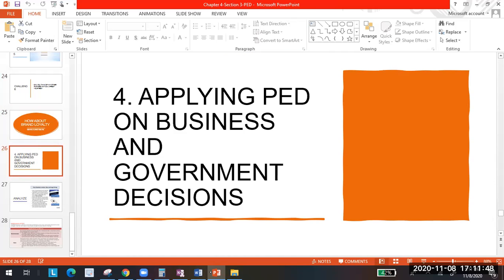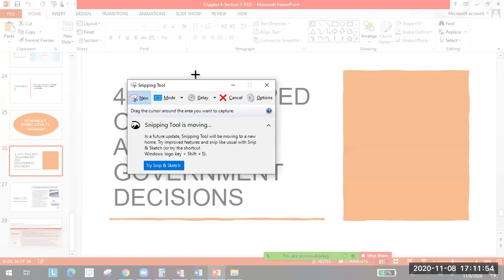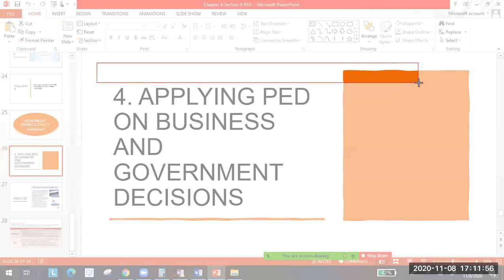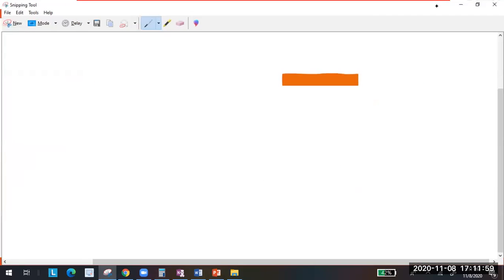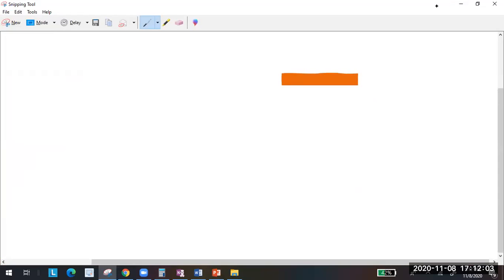So, applying PED on business and the government. Do you have any idea about what is tax? What is the meaning of tax? The amount that would be spent, hypothetically. No, actually, what does tax mean?